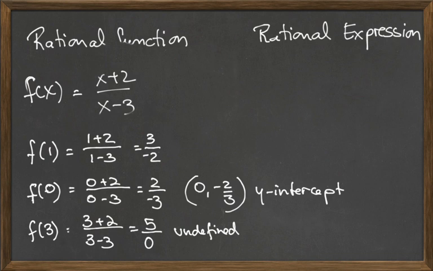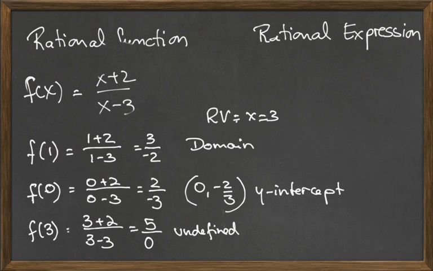Now that we know, I called this the restricted value, the RV is equal to 3. Who remembers what the domain is of this function? How did we write that? So this function is defined for all real numbers except for 3.